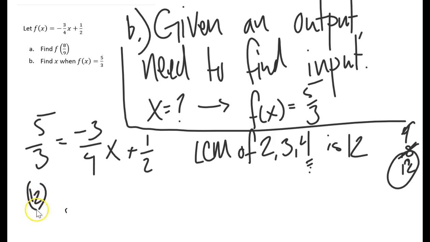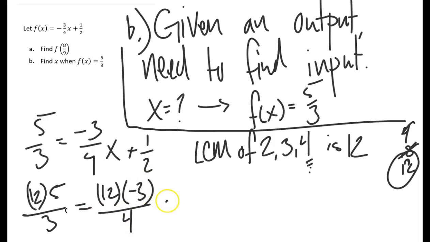So it goes on the top of every number. Multiply by 12. This is a negative 3, a 4, an x, and a 12 over 2.